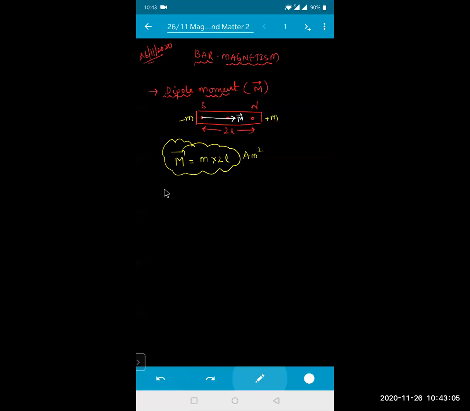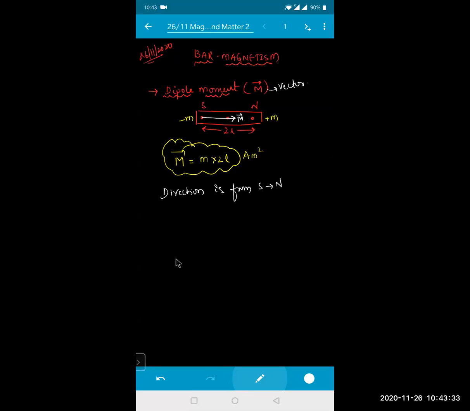Direction is from south to north. South pole we are taking as negative and north pole as positive. And it is a vector quantity, obviously.